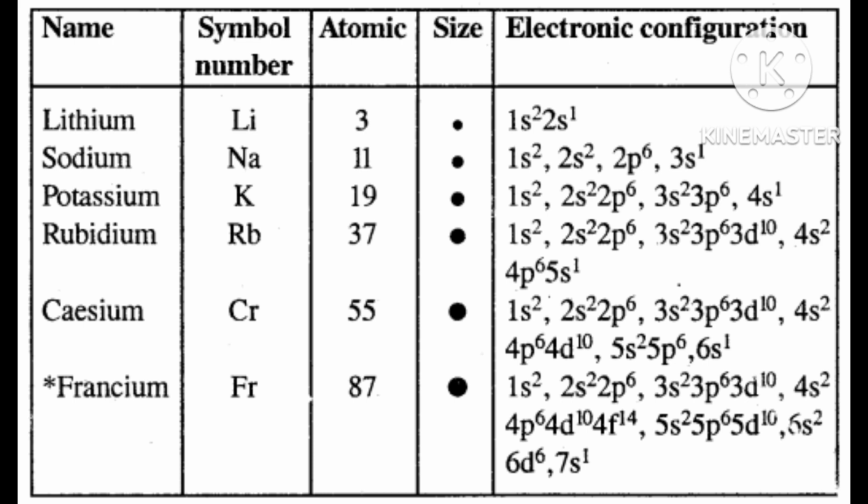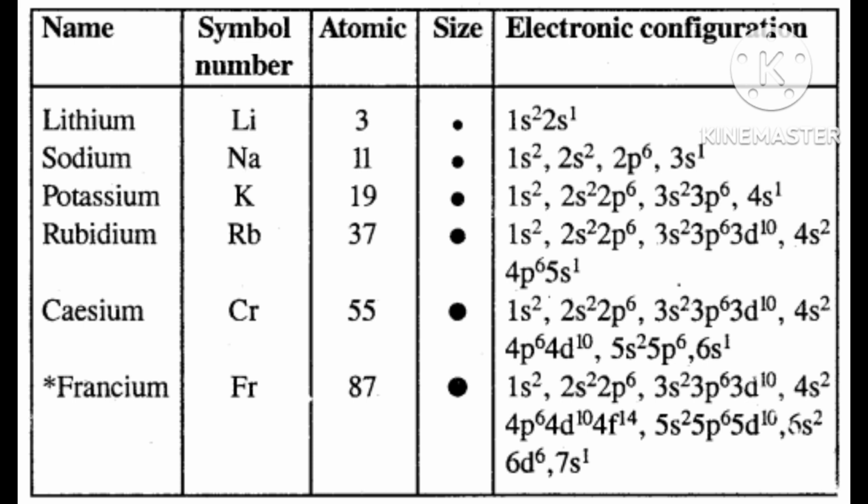Means the cation will have, in group 1 I am talking about, a smaller size than its parent atom.